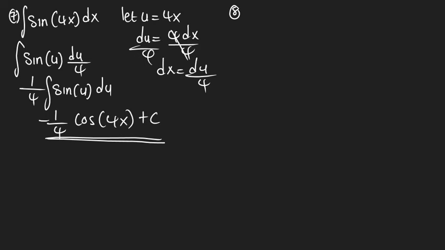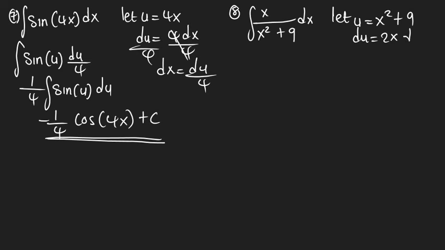Question 8 is simply the integral of x over x to the 2 plus 9 dx. You let u equal x squared plus 9. This one I've already taught, so it will be simple this time around even when you practice. So your du is going to equal 2x dx, over 2x, over 2x, you cancel.